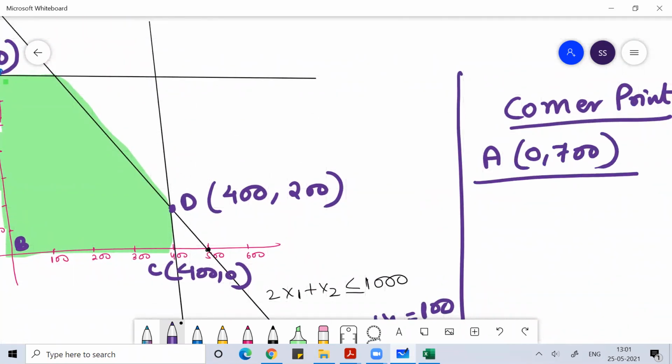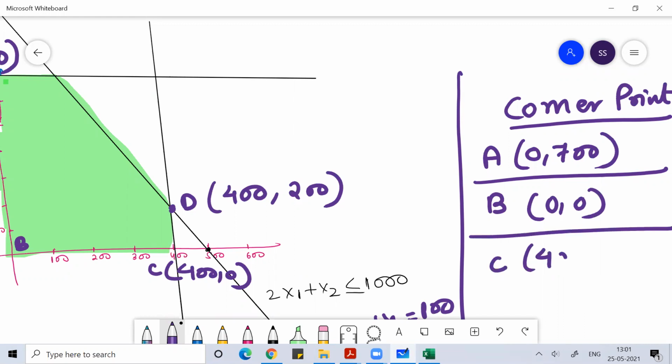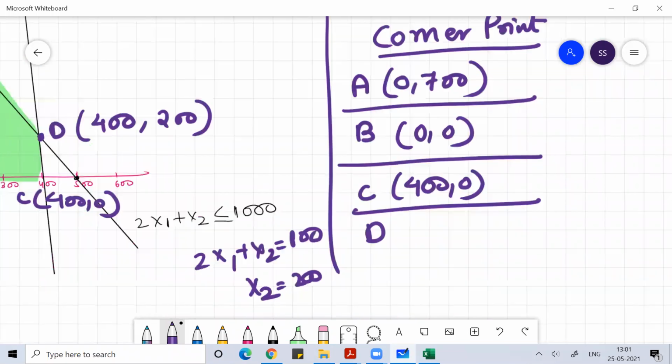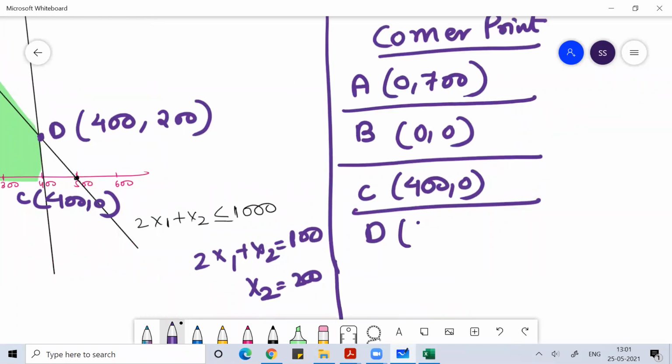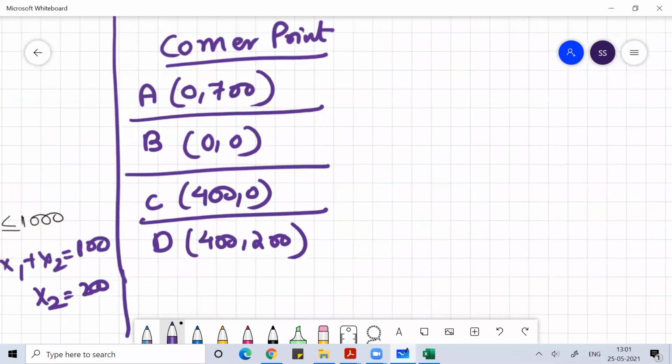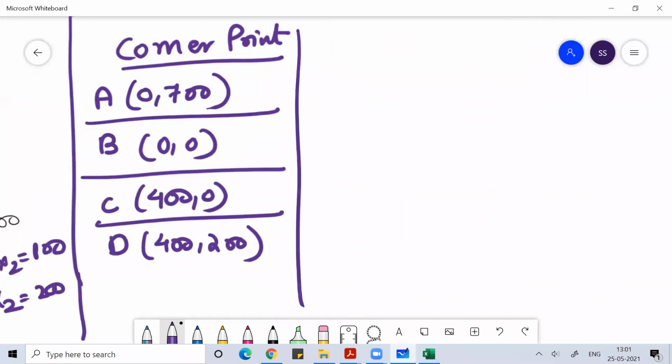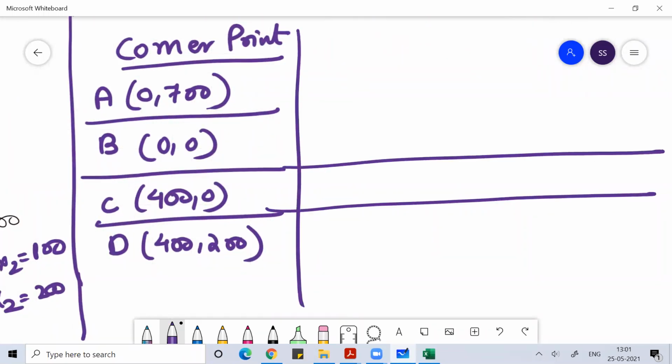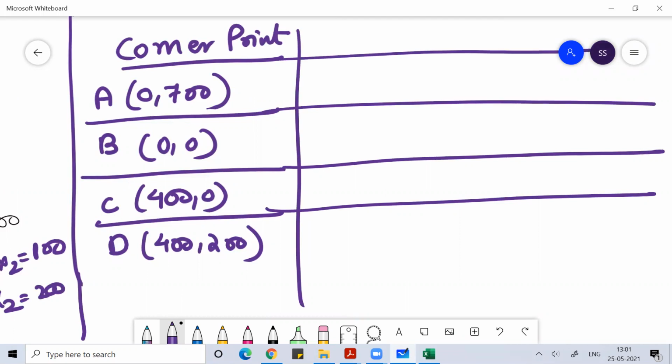Point B is equal to 0 comma 0, point C is equal to 400 comma 0, and point D is equal to 400 comma 200. We'll call them corner points.